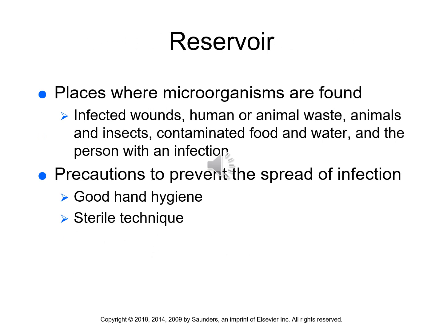So the next link in the chain is the reservoir or the source. That's the place where the pathogen lives until a susceptible host becomes available, meaning until someone is capable of being infected by the pathogen.